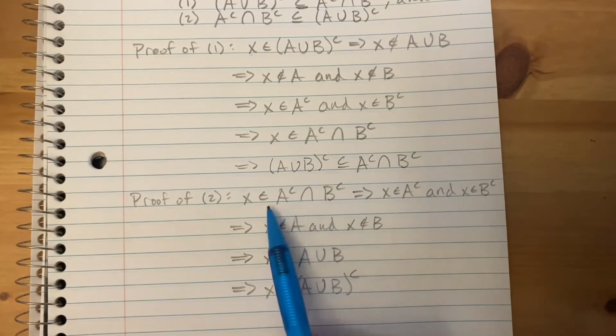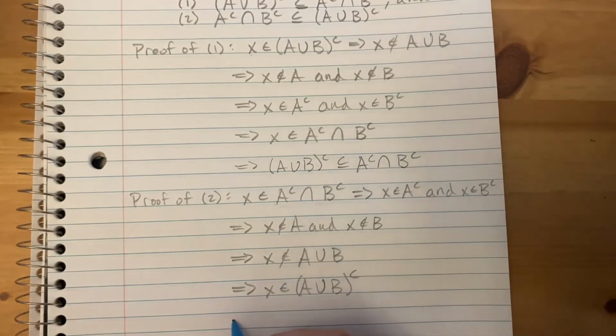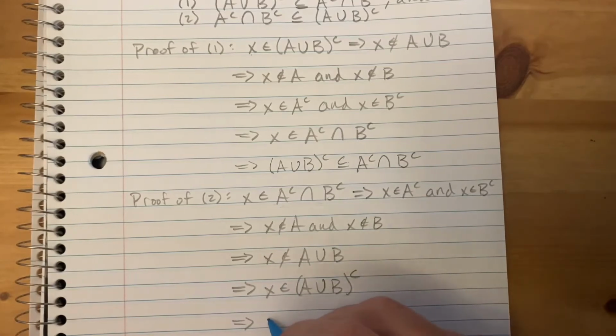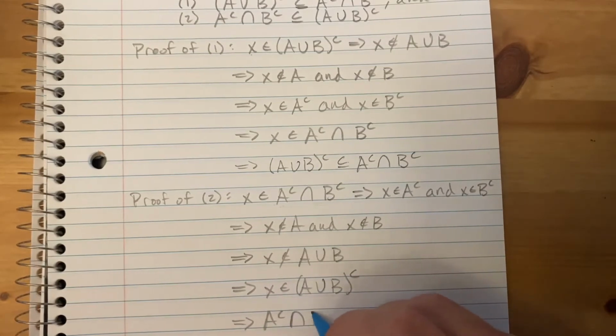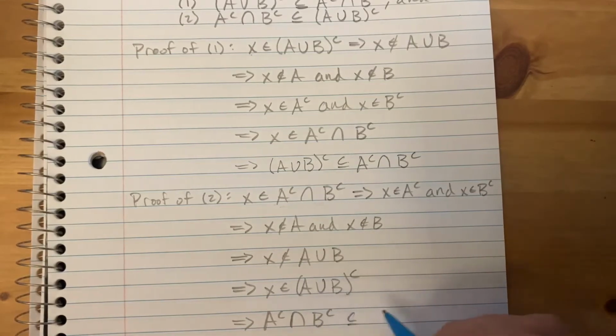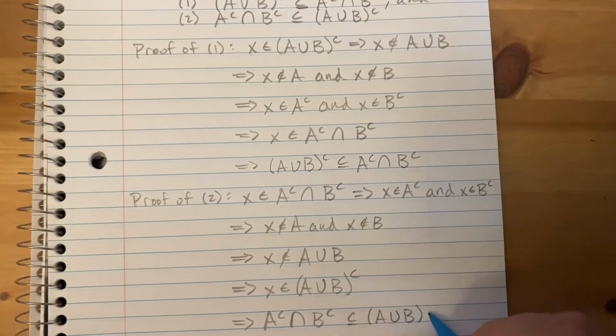And so we now have proven that any x that's in this set is also in this set. So we have proven that A complement intersect B complement is a subset of (A union B) complement.